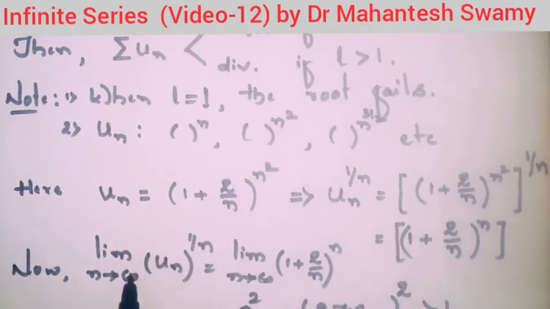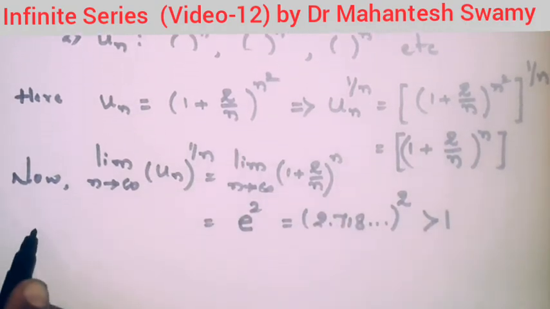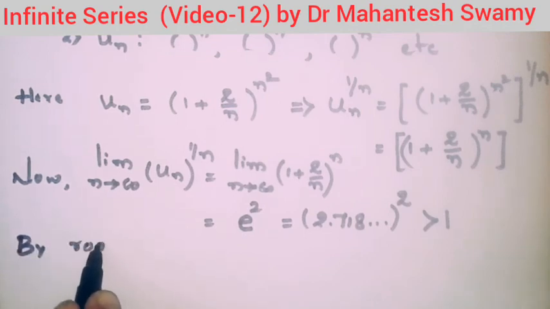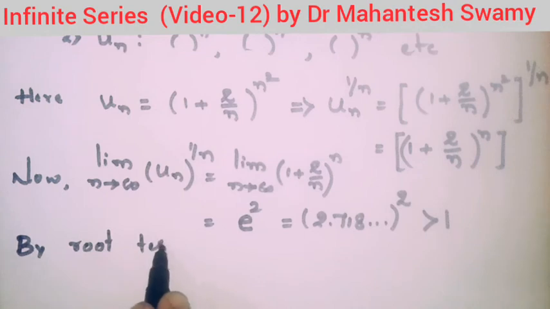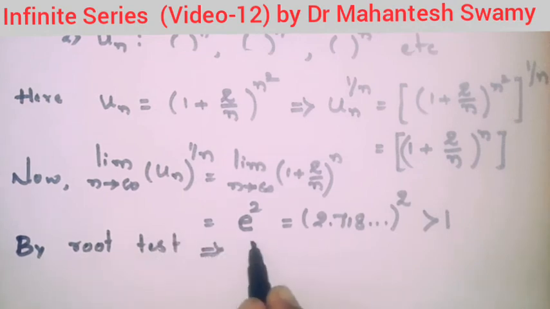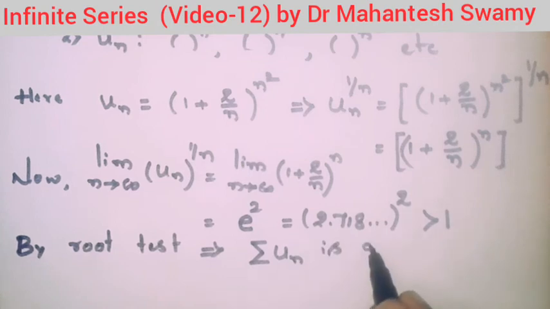Therefore, when the limit of un to the power 1 by n is greater than 1, by Cauchy's root test we can conclude that the given series summation un is divergent.